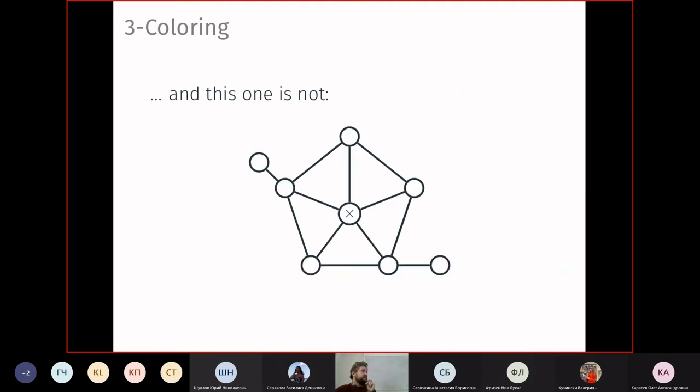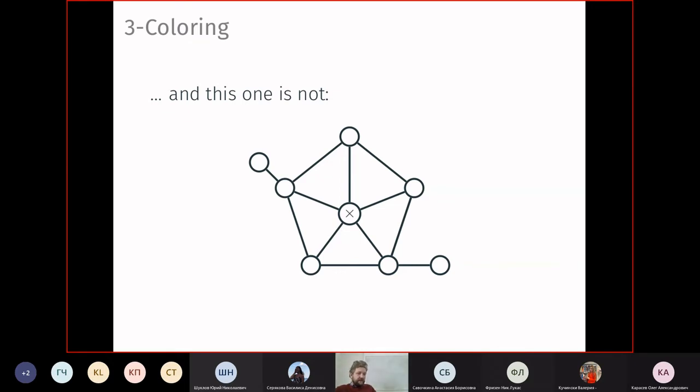Well, this one is not. Why? You see that in the center now I have a vertex which is marked with a cross. And around this vertex you have 5 vertices which form a cycle, a pentagon. This pentagon is not colorable in two colors, right?